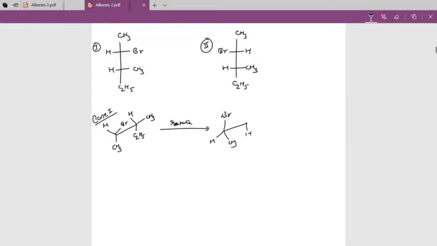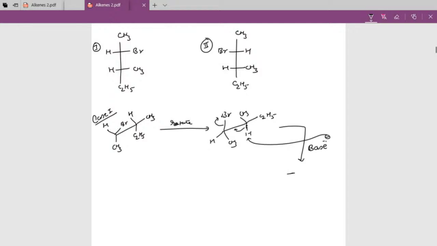This H has to go down, so CH3 and C2H5. Okay, now we attack base. Now when base attacks, this is how this elimination will take place.